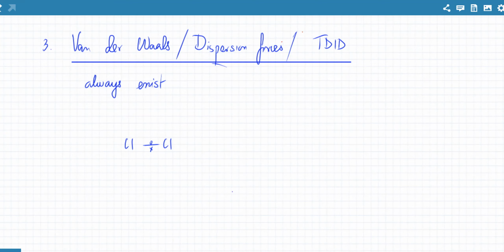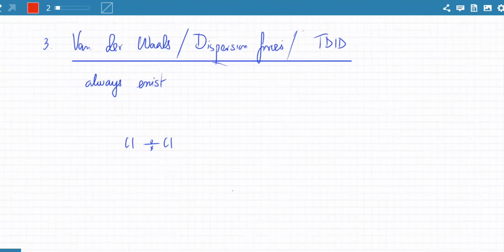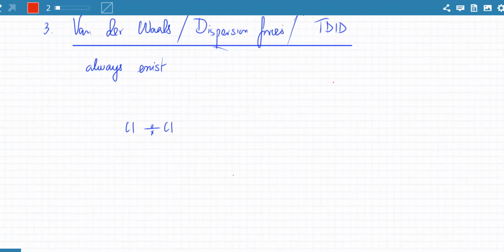Now the thing with this is that if you have a Cl2 molecule, the electrons, even though they should remain right in the middle, because of the frequent collisions, the molecules are always moving around. So the electrons get knocked to one side, then they get knocked to the other side.